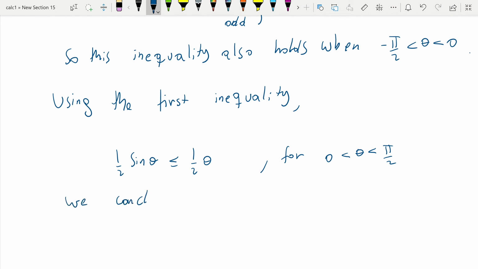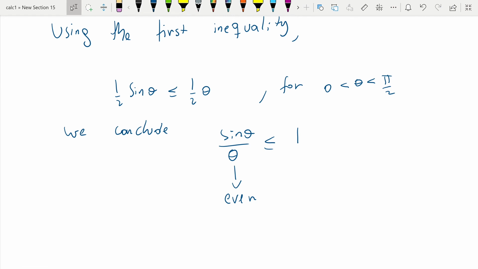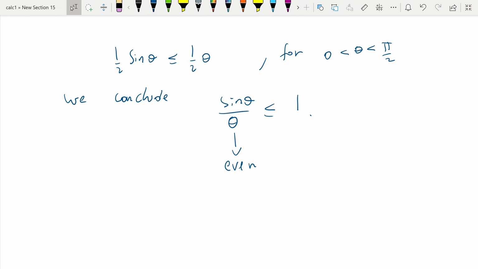we conclude again that sine of theta is less than or equal to theta. We can cancel the 2's on both sides, and we can divide by theta without changing the inequality here. So we have that, but also again this function here is even for the same reason that we explained before, and therefore this inequality holds true also when theta is in between minus pi over 2 and 0.